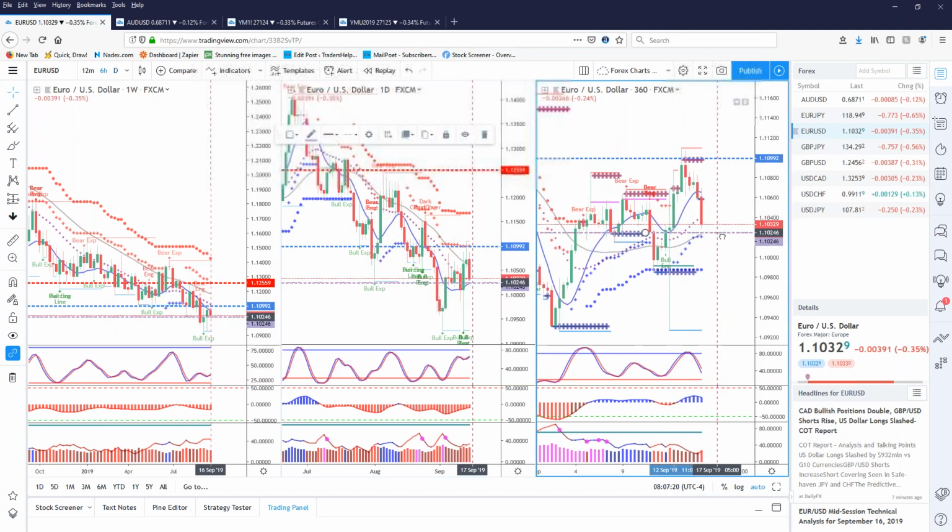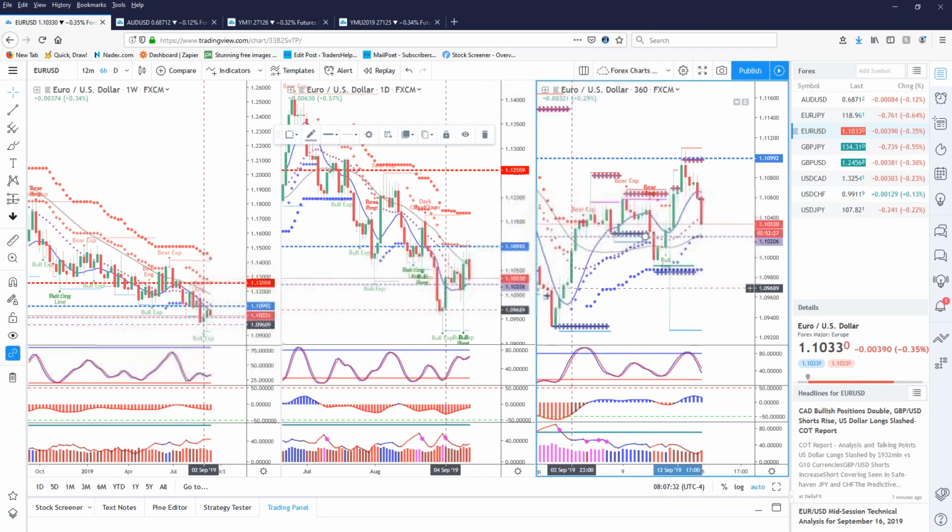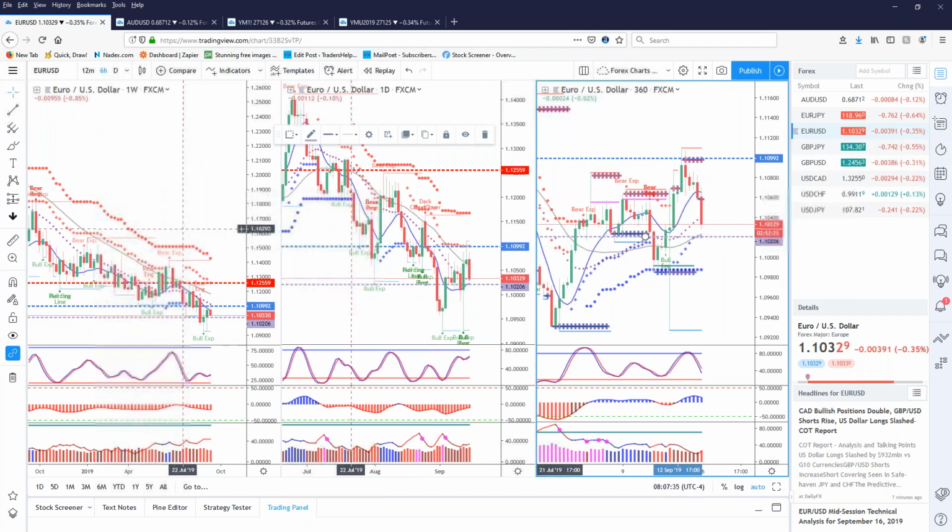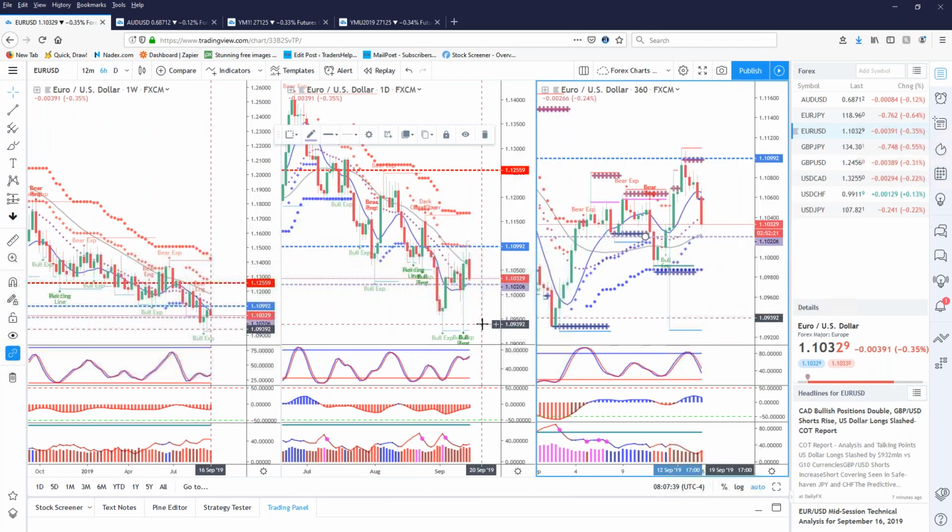Now, notice that you have this ATR directly beneath price, okay? And this area is coinciding with the fast moving average over here, as well as over on the weekly chart. So we may get a very strong retracement off of that area.